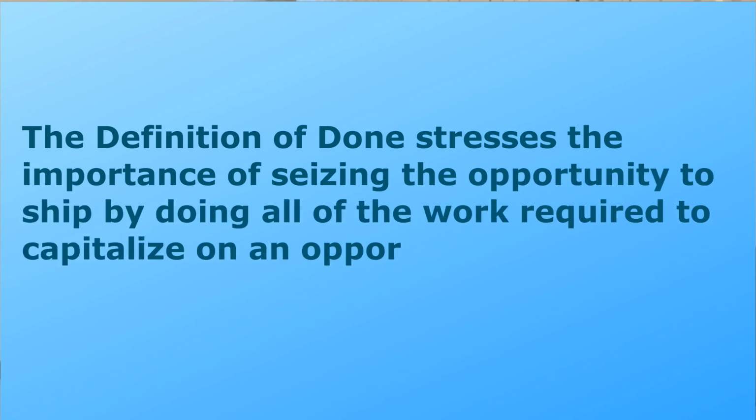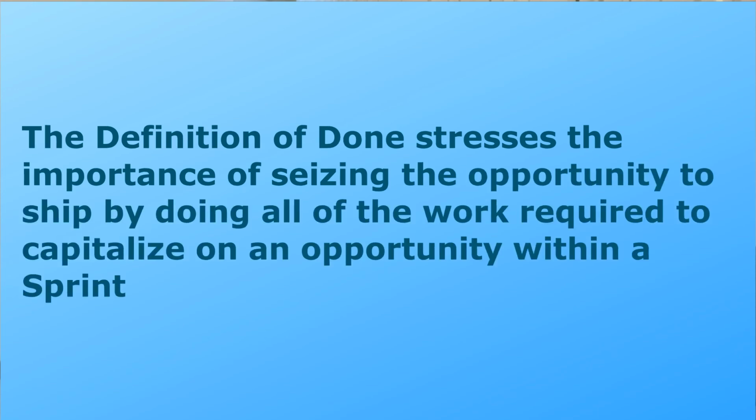Developers will also include general organizational expectations and compliance from the development, engineering, quality, or operation areas. The definition of done stresses the importance of seizing the opportunity to ship by doing all of the work required to capitalize on an opportunity within a sprint.